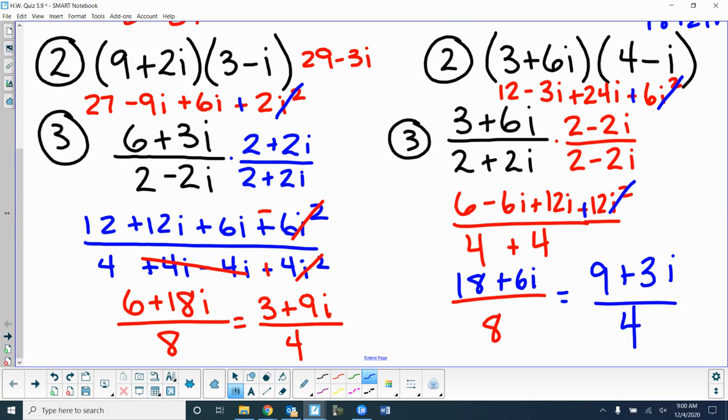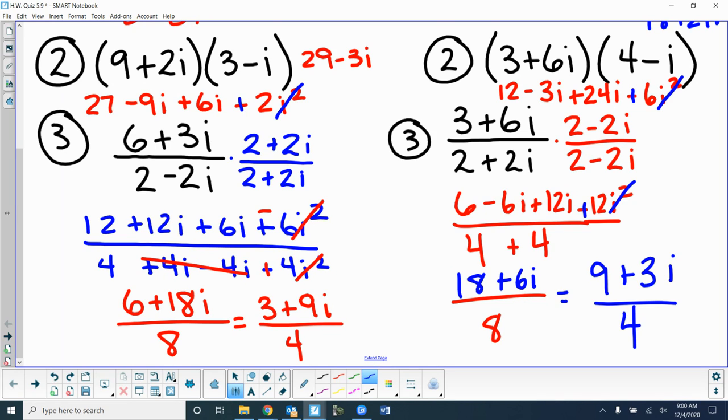Okay, so for the first one, you gotta find the vertex. Before you find the vertex, you find the axis of symmetry. What's that little formula? Negative b over 2a. Once you get that answer, plug it into the equation. And that'll give you the y value of the vertex.